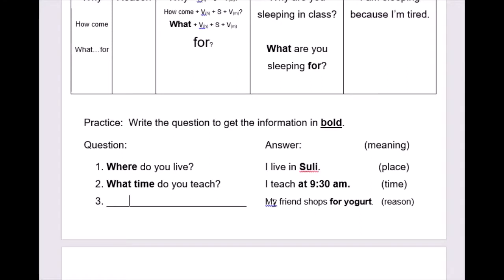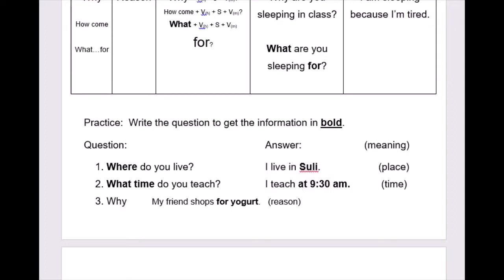Next, number 3, my friend shops for yogurt. And I want the meaning, I'm asking about the reason for shopping. Okay. So can you put your answer here? Can you guess? So why? And the subject is your friend. Okay, so why your friend shop?